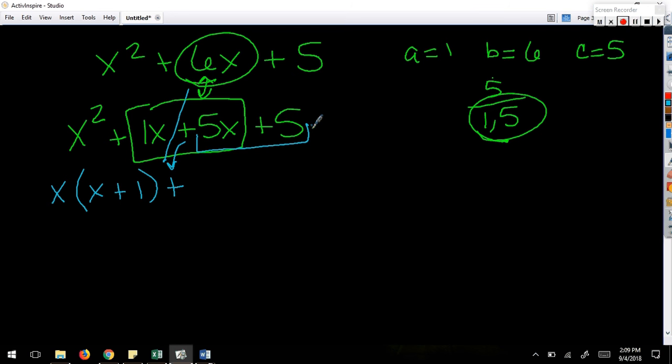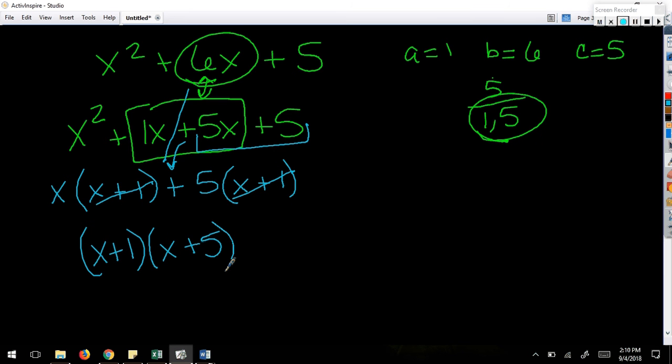And how about a GCF of the second two? 5. What's left? X. Do you see the same factor there? What is it? X plus 1. So I'm going to take an x plus 1 off of them. And then whatever's left, that's exactly right, the x plus 5.